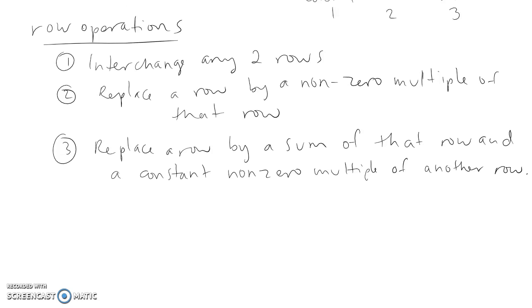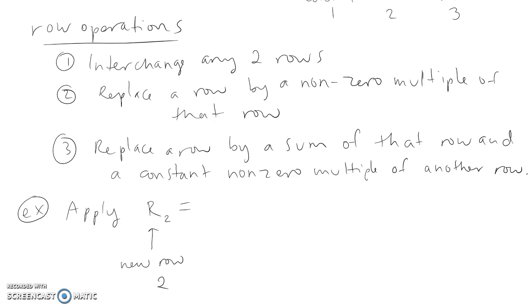Now, your book likes to describe row operations like this, and I don't love it, but I'm going to show you how, because there are problems that you have to do in your homework like this. It will tell you to apply a row operation, and here's how they're going to describe it. They're going to say R2, which stands for the new row 2 that you're going to create when you do the operation.